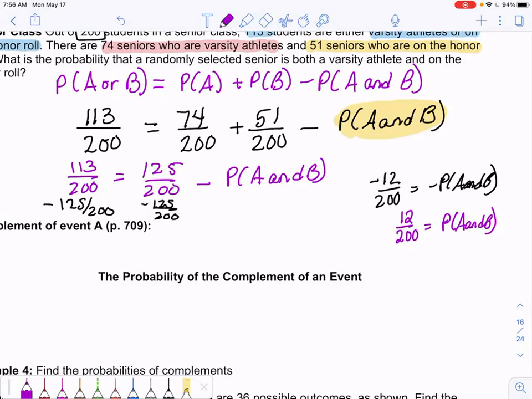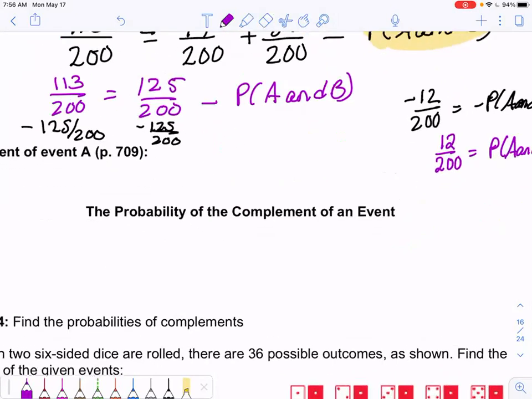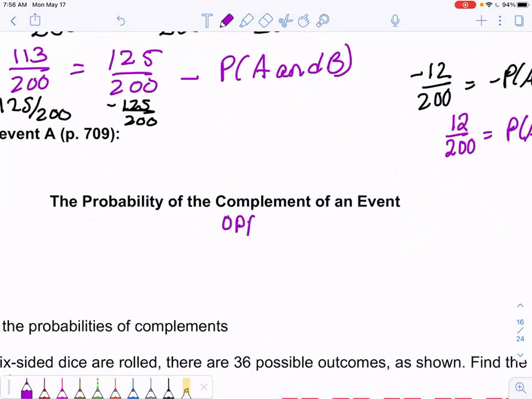So the last thing that we're going to look at today is the probability of a complement of an event. The complement of the event can sometimes be thought of as the opposite. So if you would say opposite, that would be the complement.